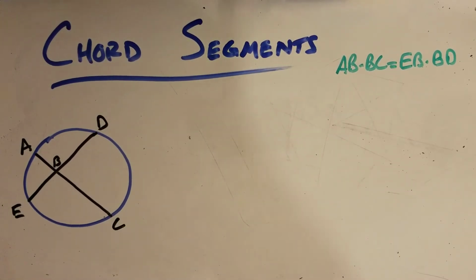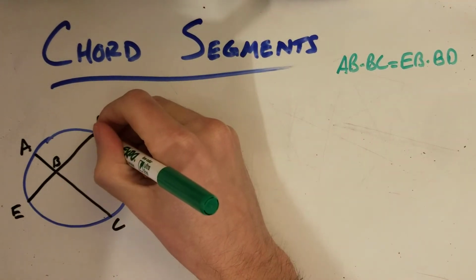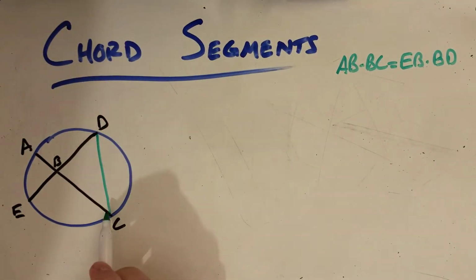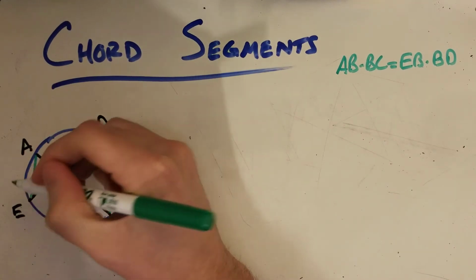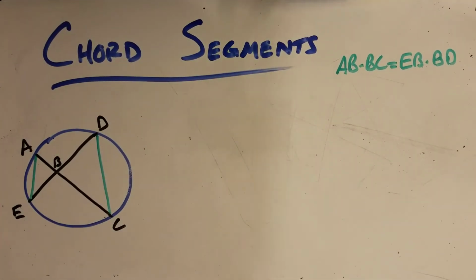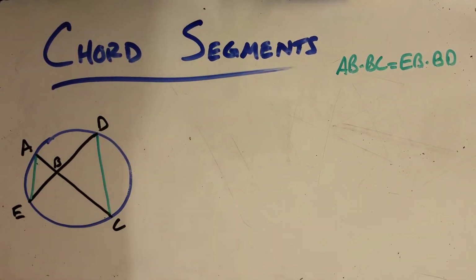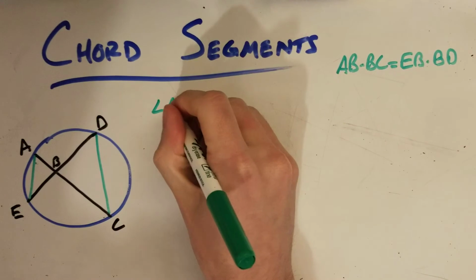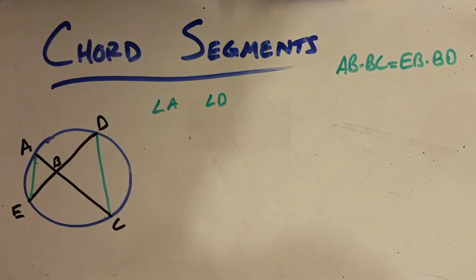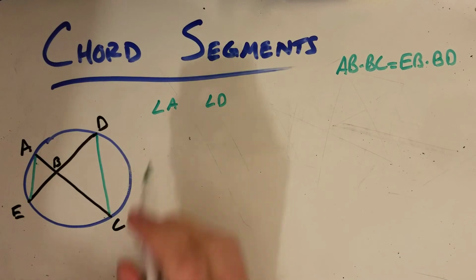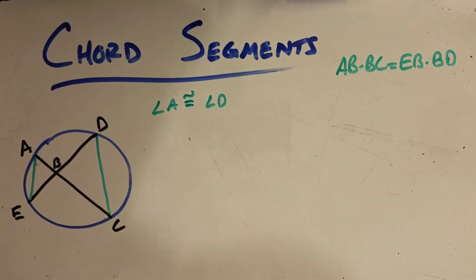Okay, so what we can do for this is draw a couple of segments here. We'll draw DC and we'll draw AE. And what this does for us, let's look at the relationship between angle A and angle D. From some theorems that we know in the past with circles, these two angles are actually congruent.